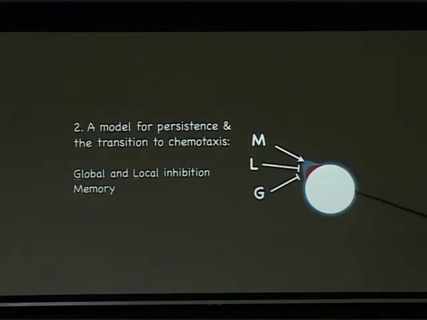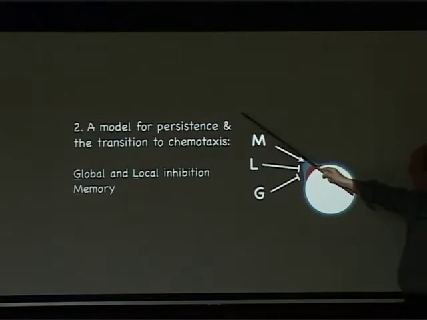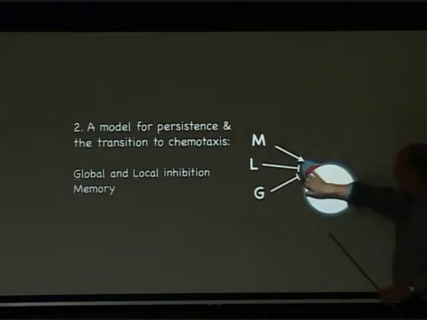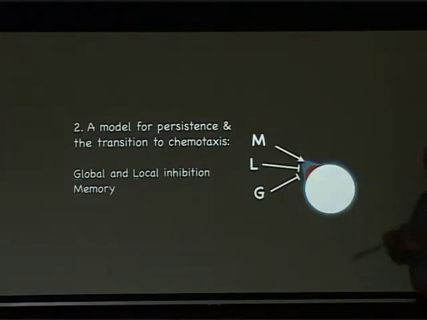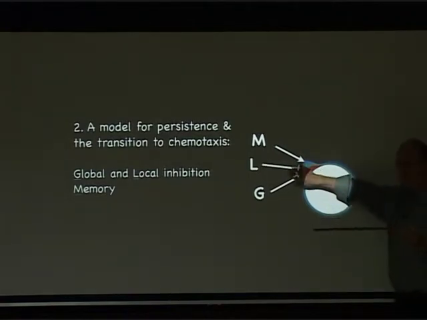And occasionally, the memory molecule fires, or whatever it is, somewhere else, maybe here, with some probability, and that gives us the longer-term drift. So once a pseudopod forms at this end, and this one decays away, then the cell heads this way. These have lifetimes. The global inhibitor is there all the time, and it acts as a threshold to stop firing of the memory molecule, and particularly the short-range inhibitor.